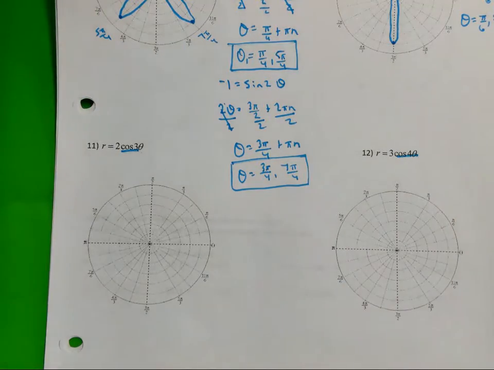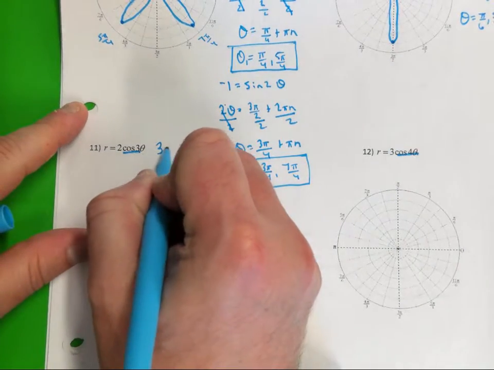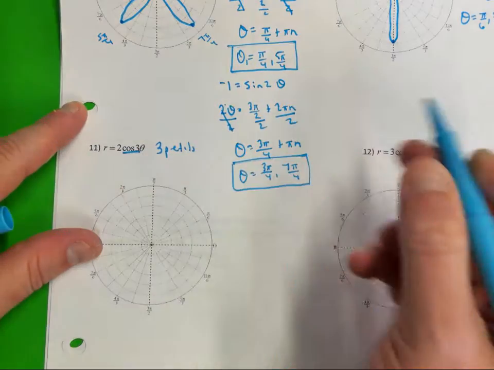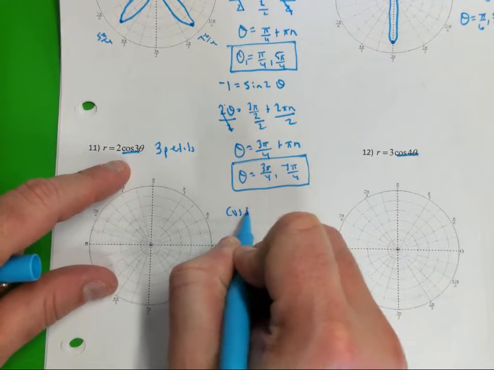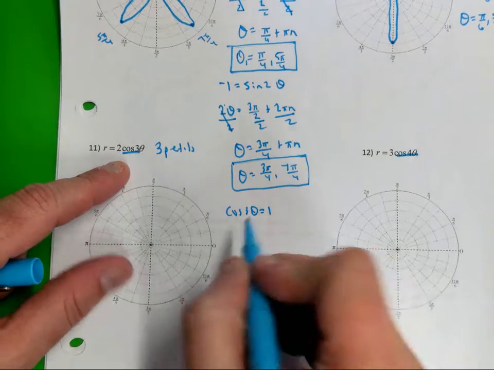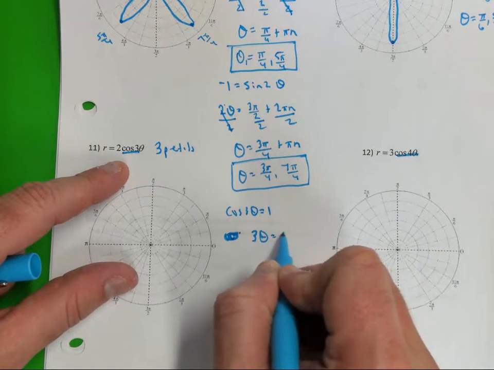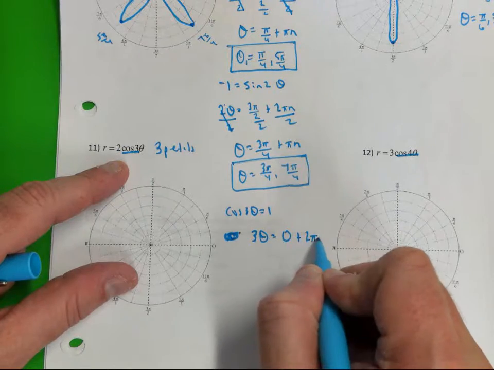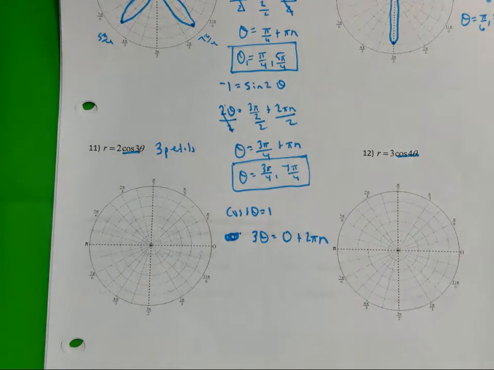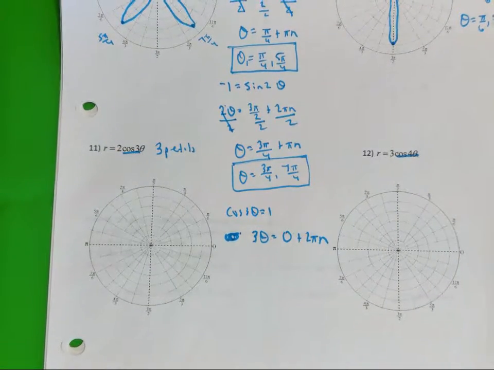So right now, you should have 3 petals. Cosine of 3 theta equals 1. That's what you should have so far. Cosine of 3 theta equals 1. The value of cosine that gives you 1 is 0. 0 plus 2 pi n. Now go from there.